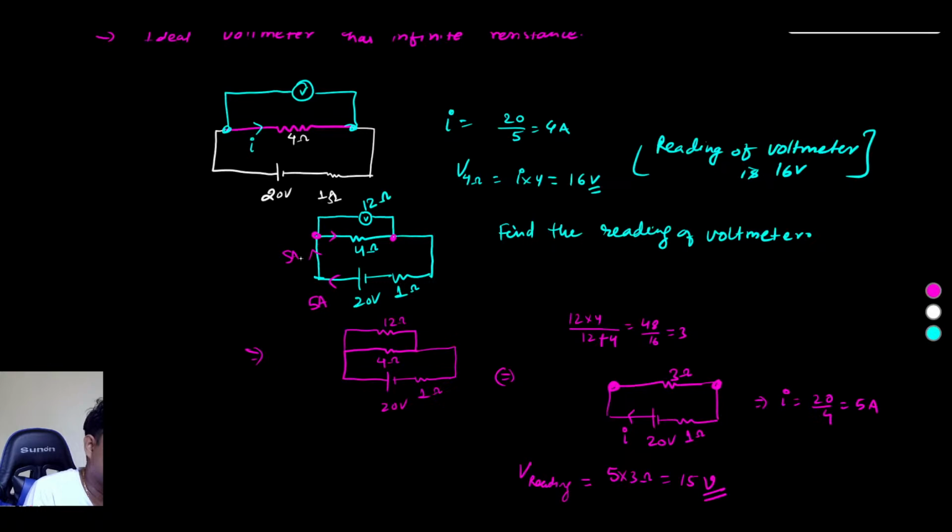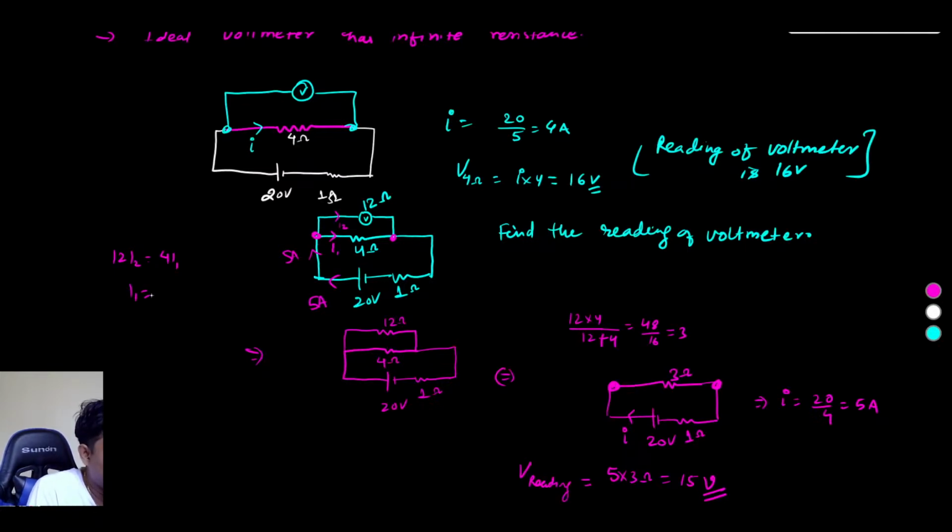So 5 by 4 is the unit. You can say the current through the 4 ohm is I1, the current through the 12 ohm is I2, and you can write 12 I2 equals 4 I1 because the voltage will be the same.